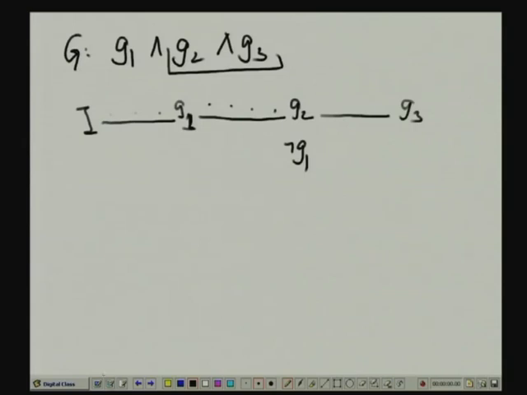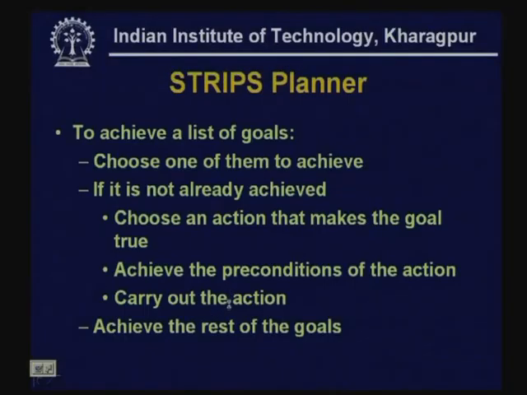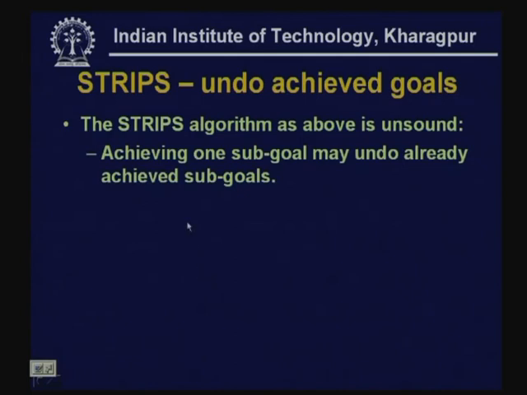STRIPS does not take care of it properly, and that is why the STRIPS planning algorithm is unsound. Achieving one sub goal may undo already achieved sub goals. In the example, achieving sub goal G2 may undo the effect of achieving sub goal G1, because the objective of the agent is to go to one single state where G1 and G2 and G3 all hold.